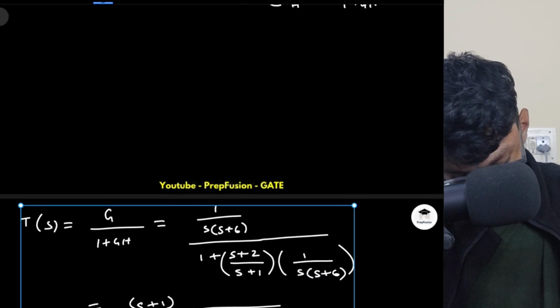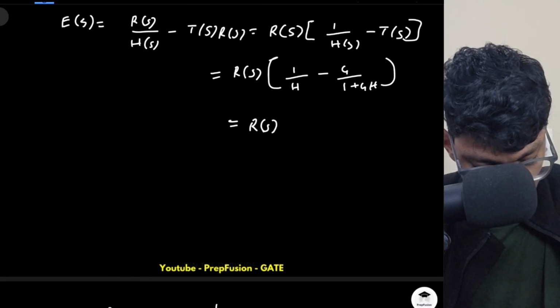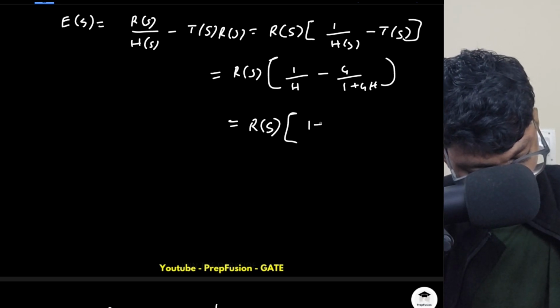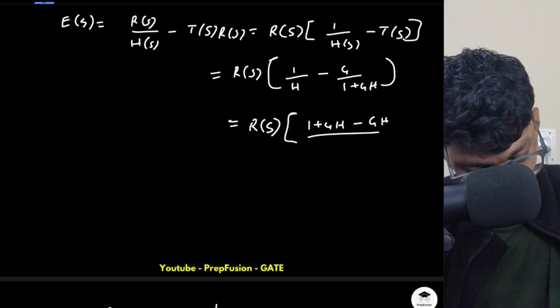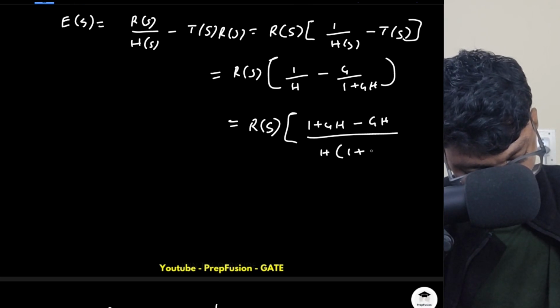So if I want to calculate this, this comes out to be R(s) into (1 plus GH minus G into H) divided by H into (1 plus GH).